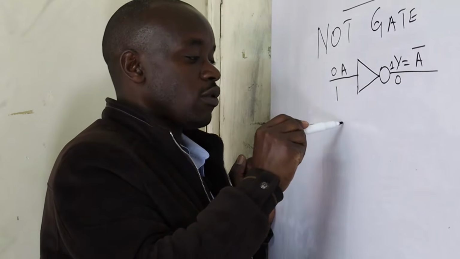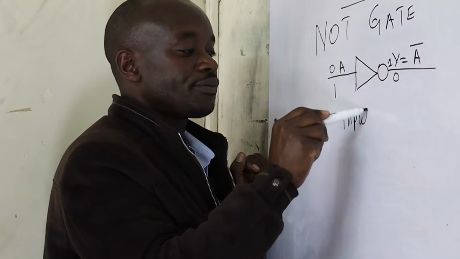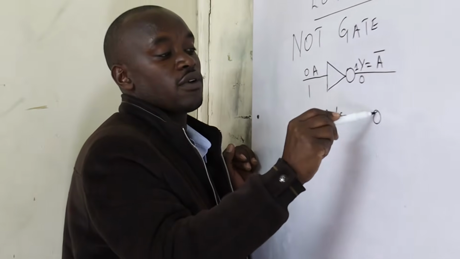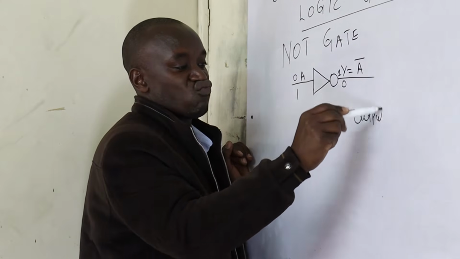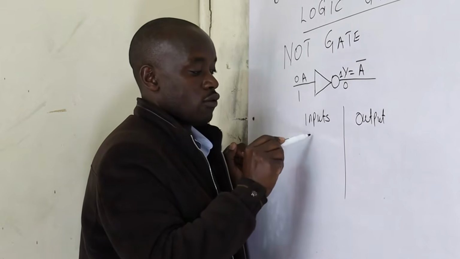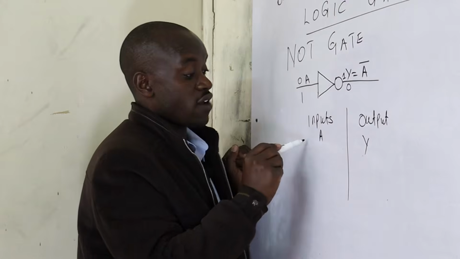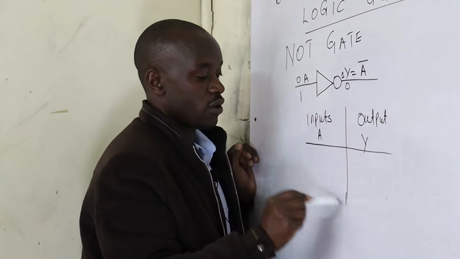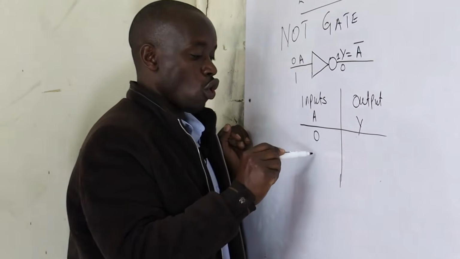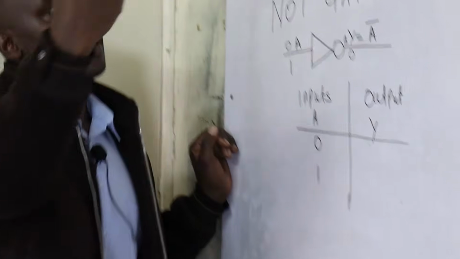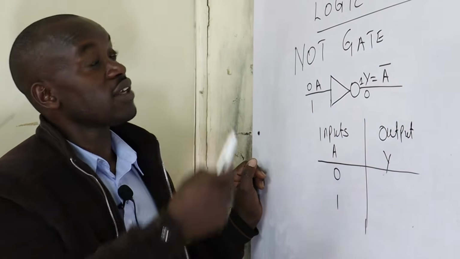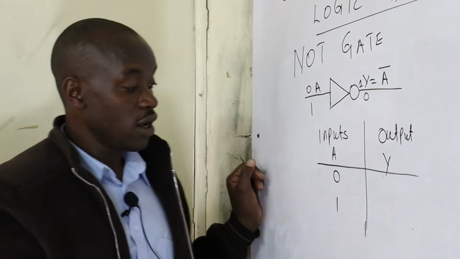So for our truth table, we have inputs, then we have output. Our input we can call A, our output we can call Y or F, depending on which one you like most. A can be 0 or 1, because from the definition, here we talk about zeros and 1s.